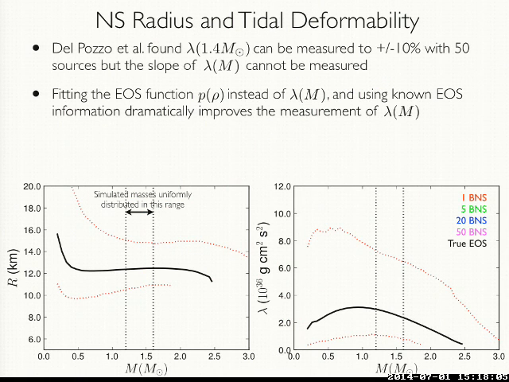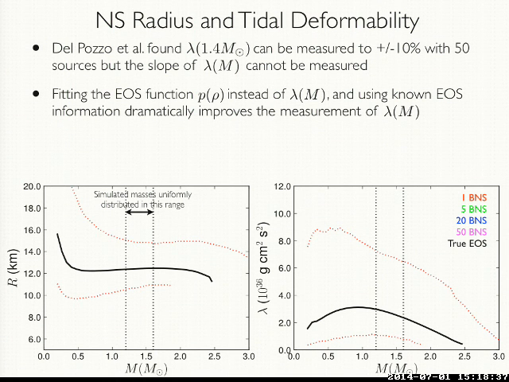Given your equation of state parameters, you can do the same thing with measuring the radius as a function of mass or the tidal parameter as a function of mass. Again, from your Markov chain points, you just calculate what the radius would be at a given mass, make a histogram, and then draw your confidence interval. For a single event, you can measure the radius to about plus or minus 2 or 3 kilometers.